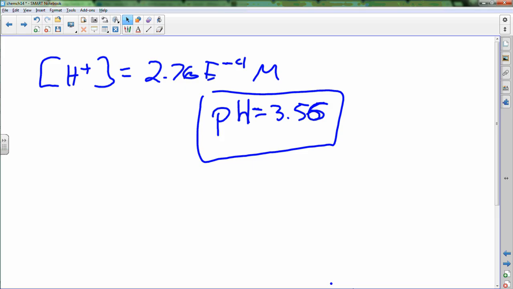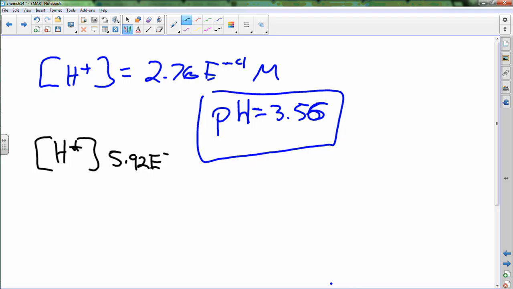Let's do one more. What if the concentration of H plus ions is 5.92 e to the negative 10th? 9.23.